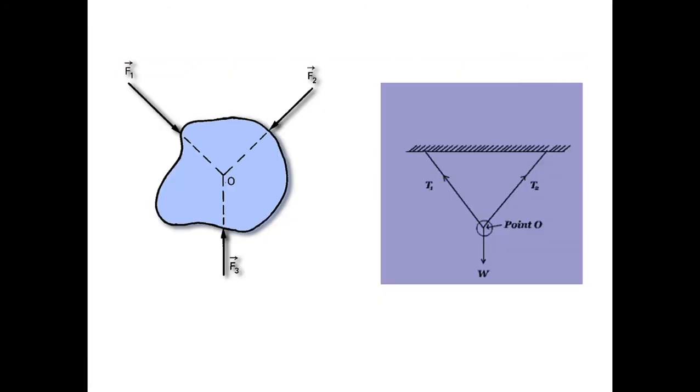Now look at these pictures. In this picture you can see three inclined forces. The object is in equilibrium. They meet at the same point. What are the features of this?